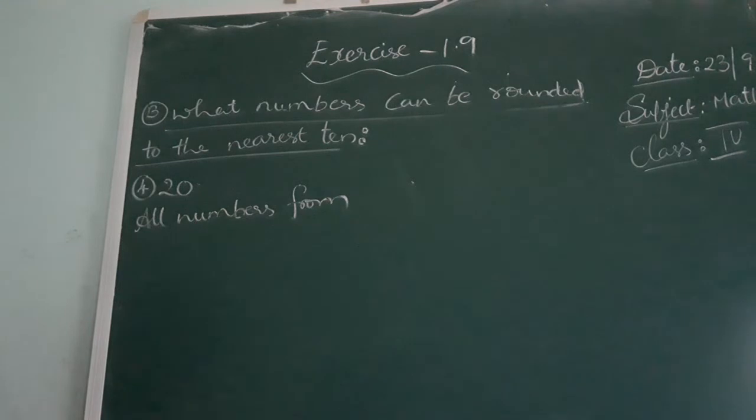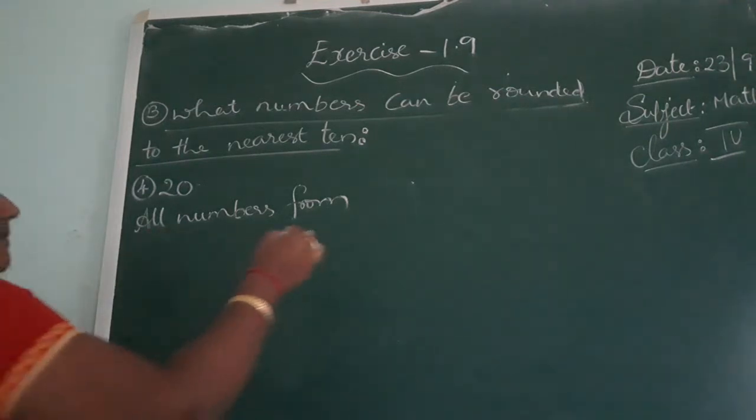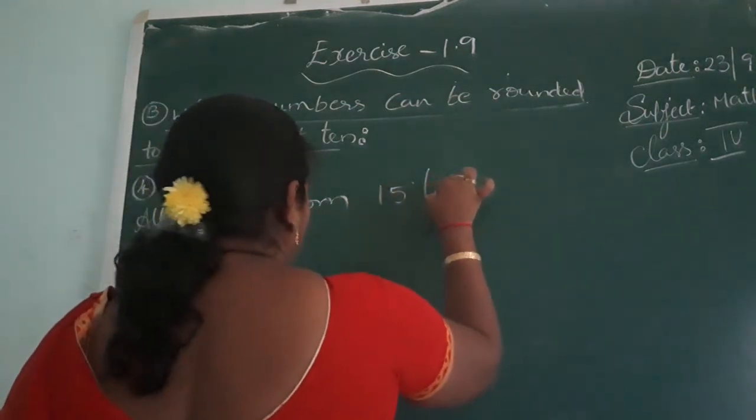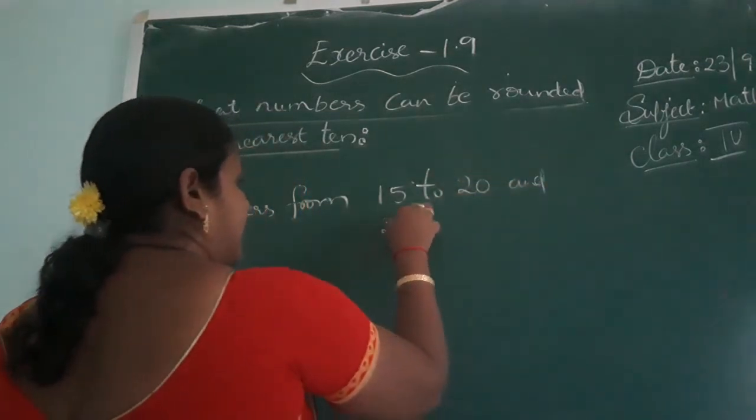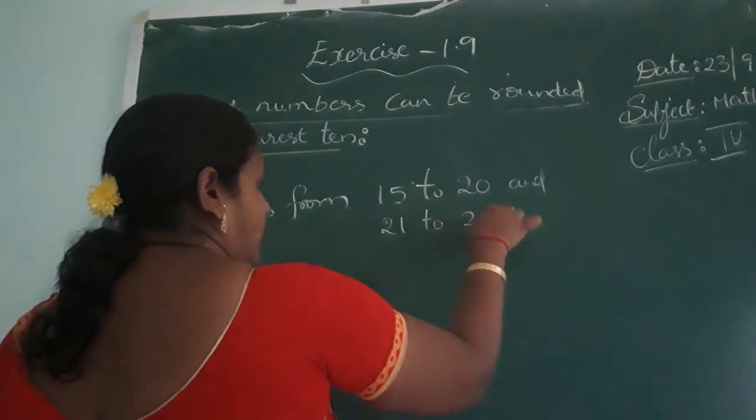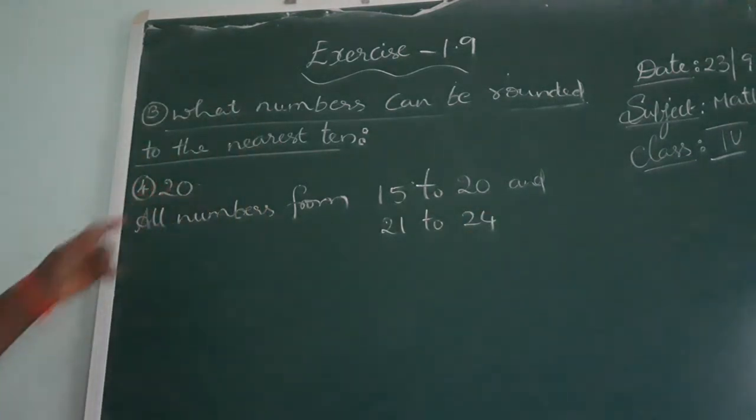Okay, 10, 11, 12, 13, 14 are also rounded to 10 only. Next, 15 onwards. All numbers from 15 to 20 and 21 to 24. These are all the numbers rounded to 20.